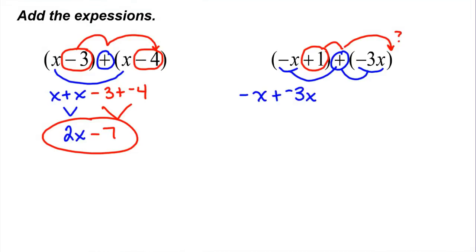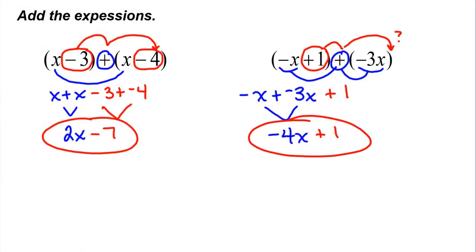So positive 1 plus 0 is just going to be a plus 1. And when I go to simplify this expression, negative x plus negative 3x is negative 4x. That's like negative 1 plus negative 3. And then just tacking on the constant plus 1. Those are not like terms, so this is simplified. So really pretty easy, just combining like terms when we're adding these expressions together.